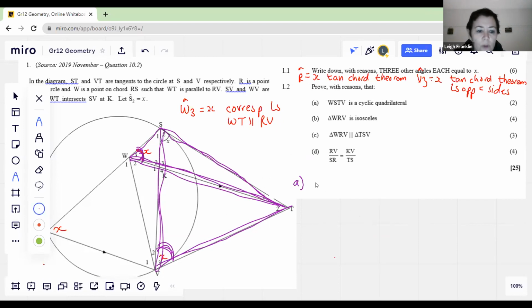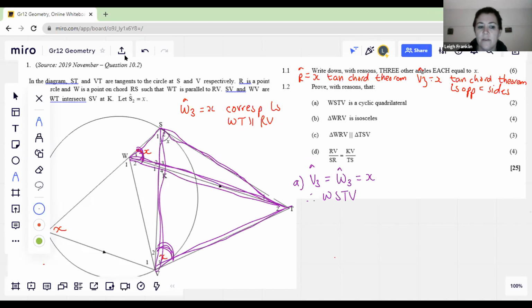Okay, so what we've got is V3. This is what we would write. We would write that V3 equals W3, because we've got V3 here, we've got W3 there, equals X. Okay, therefore, WSTV, let me just move the chat out of the way.